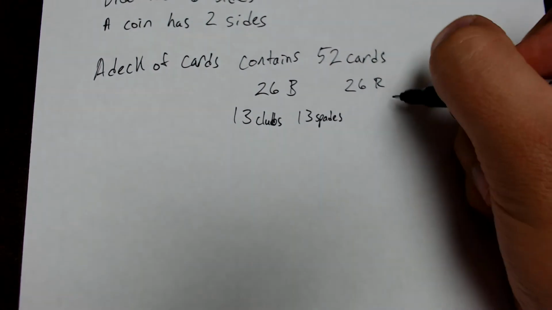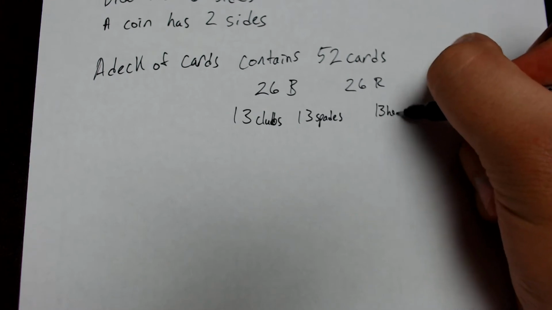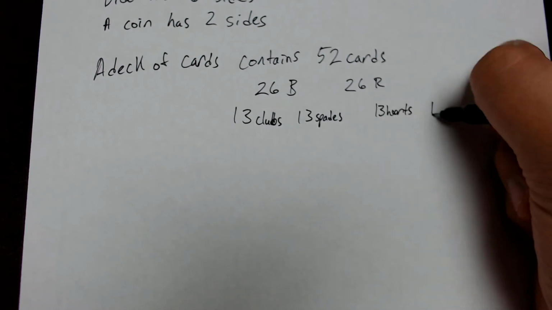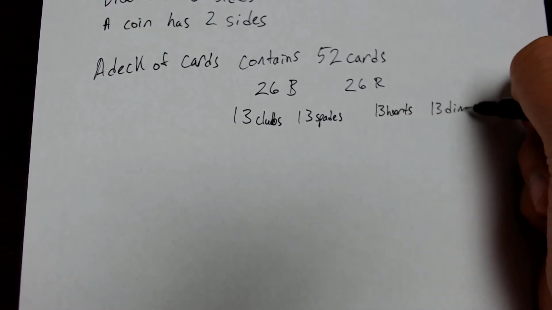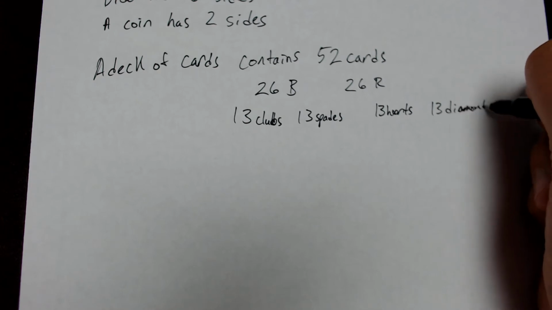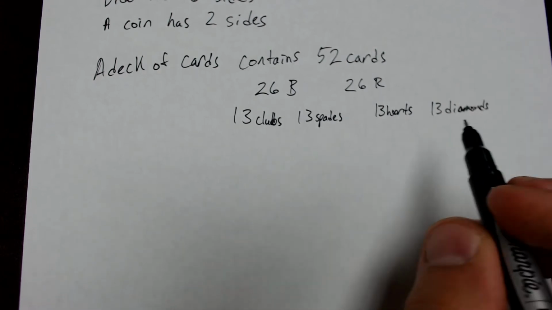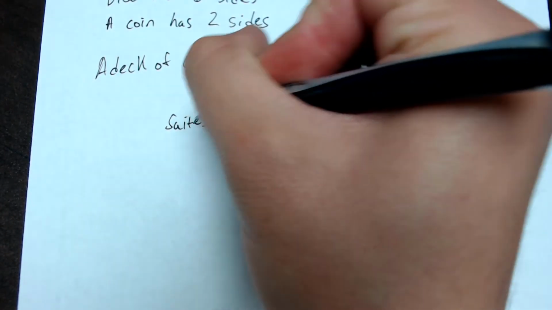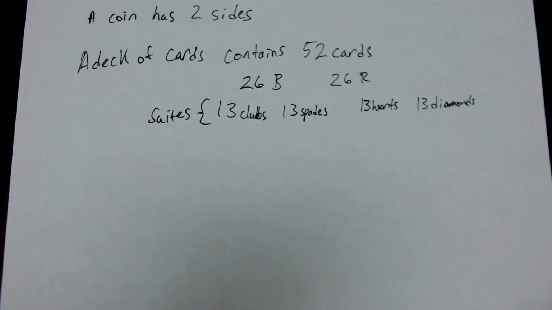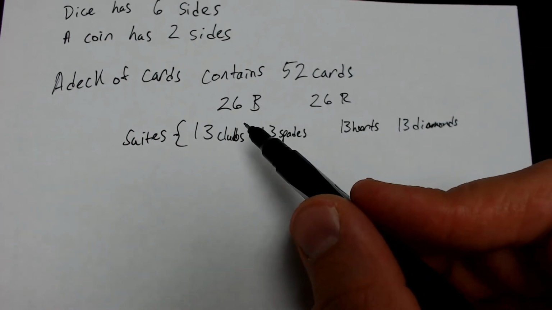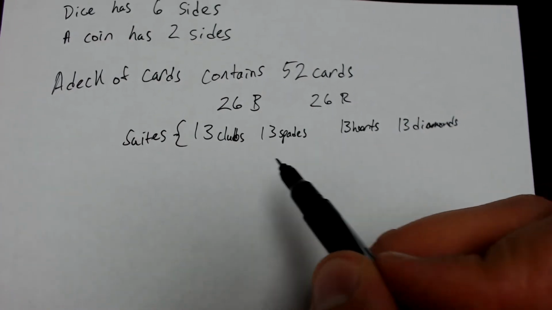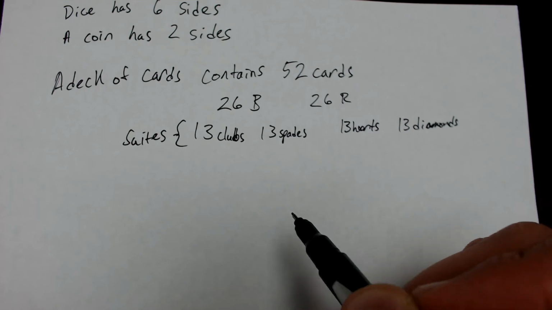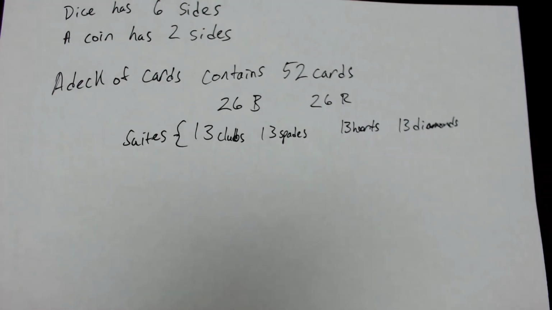And then in the red cards, we have 13 hearts, and then we have 13 diamonds. Now, these 4 groups are what we call the 4 suits in the deck of cards. So 26 black, 26 red, 13 clubs, 13 spades, 13 hearts, 13 diamonds, 52 cards total.